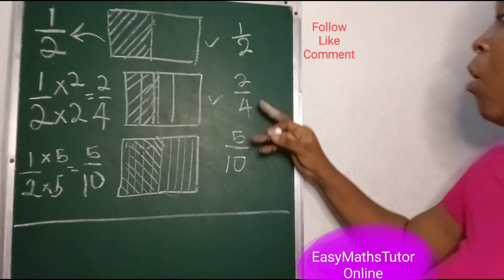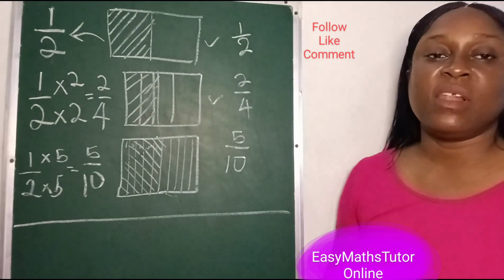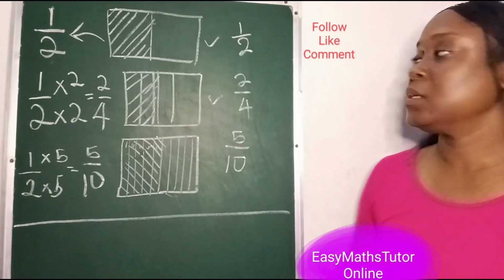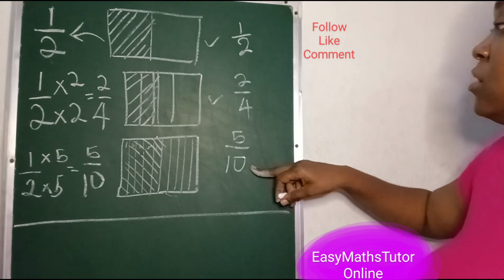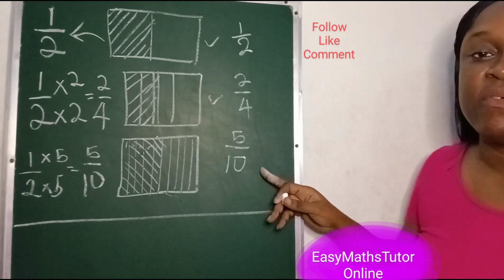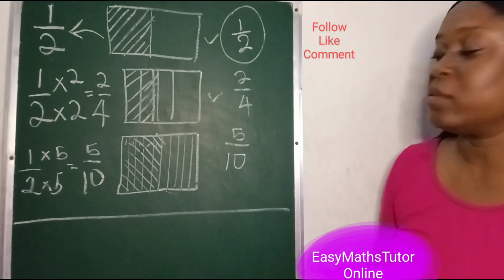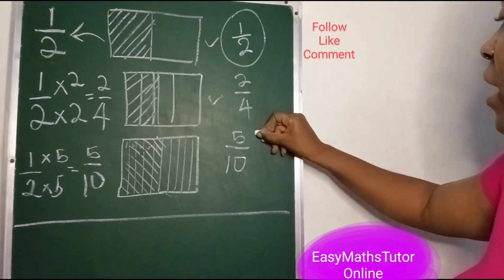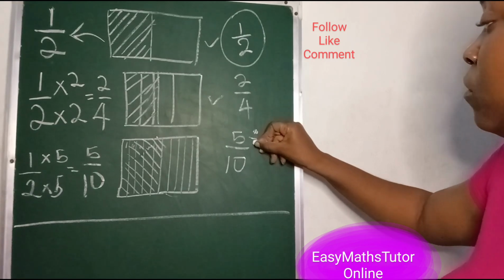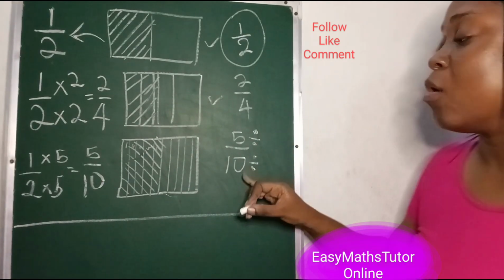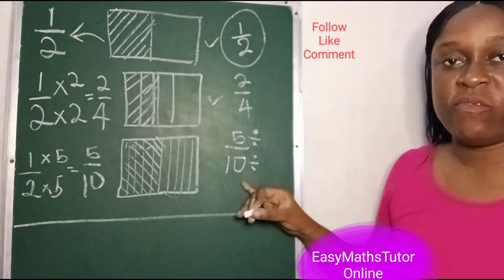So how do you also reduce an equivalent fraction to its lowest and simplest format? The equivalent fraction that is the lowest and simplest format of 5 over 10 is 1 over 2. How do we reduce that? That means we're going to divide the numerator and also divide the denominator by a common factor.